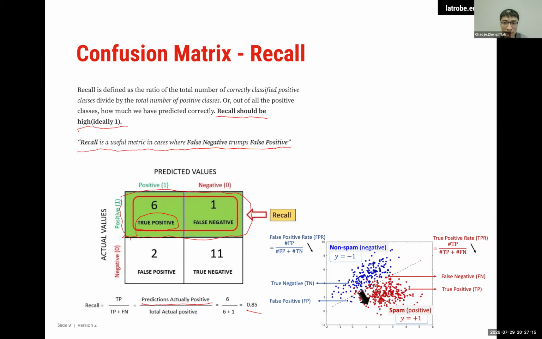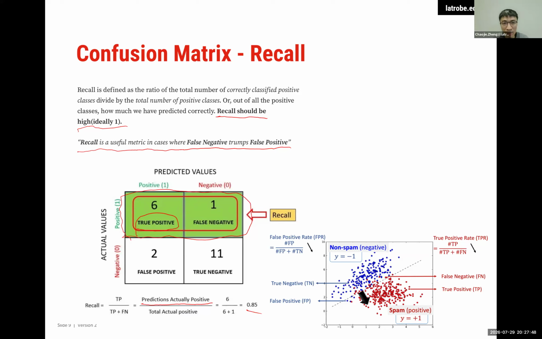Even if it means some healthy people may be flagged as sick, these people can go through further testing to be corrected. But missing real sick people is far more costly than a false alarm. So in this kind of situation, recall is a better measurement to reflect the model performance.